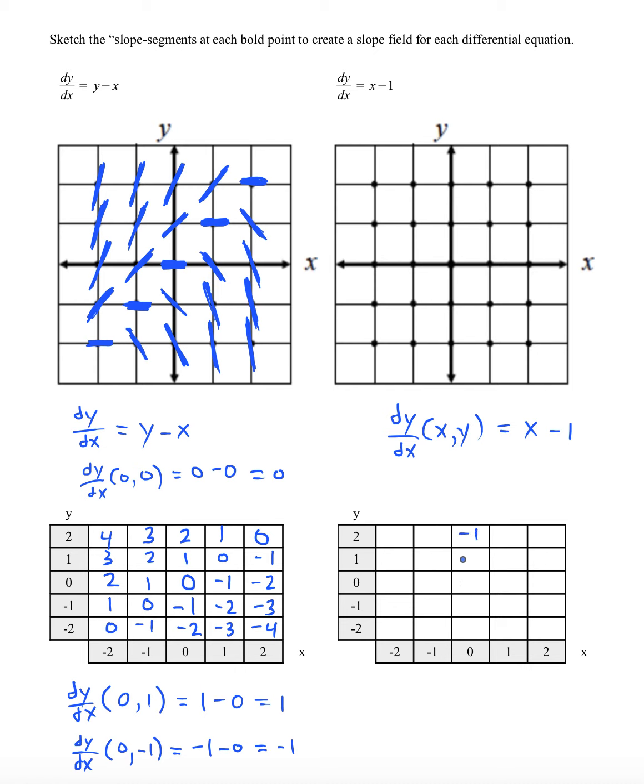So we're going to get negative 1s all in here. We'll have negative 2s, negative 3s, zero, and 1. All right, we're going to want horizontal lines here.